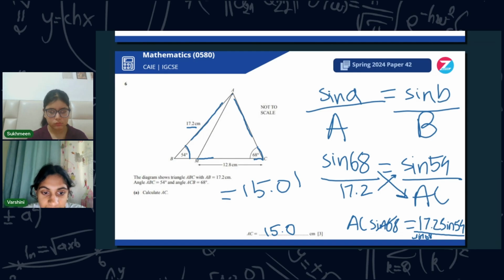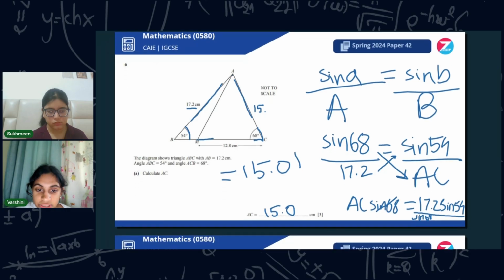So we can see that over here it's a smaller triangle, and we already know that MCA is equal to 68 degrees, and we've also calculated AC to be 15. So again, here we have two sides and we have an angle and we want to find the third side.